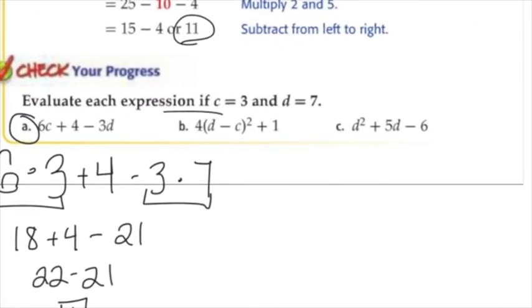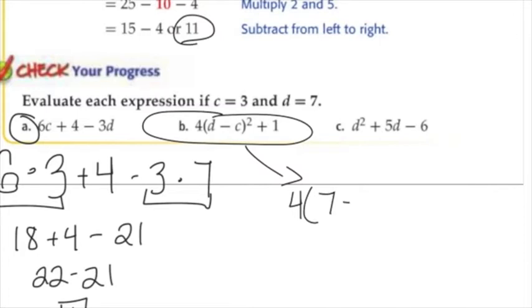Let's try another example here. We're going to do B. I'm just going to pull it off to the side a little. So we got 4 times d minus 3 in parentheses squared plus 1. I'm going to copy it down and fill in my variables with my numbers. So we got 4 times 7 minus 3 squared plus 1. Knowing my order of operations PEMDAS, I'm going to do my parentheses first.